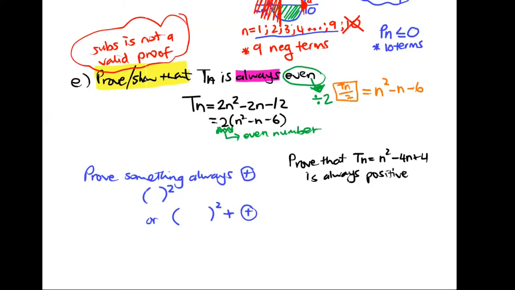Prove that Tn equals n squared minus 4n plus 4 is always positive. Now remember we said if we want to prove that something is always positive, we want to write it as something squared. Now, can you write n squared minus 4n plus 4 as something that is squared?